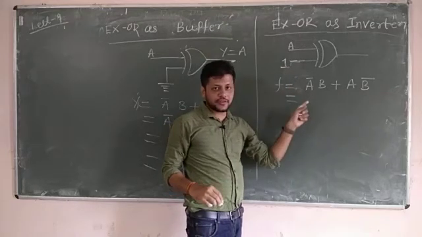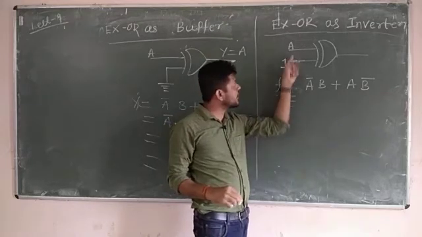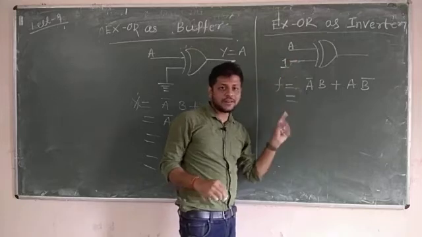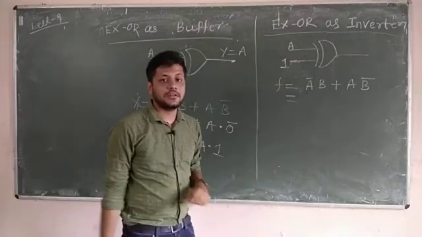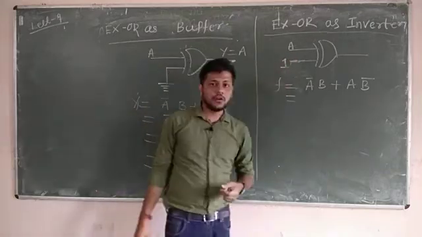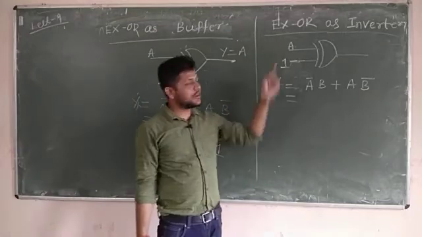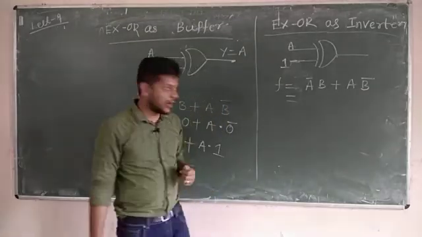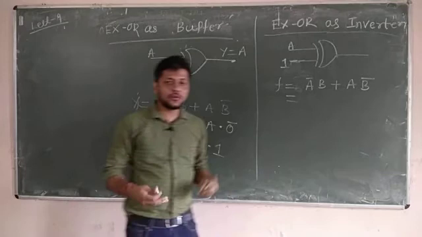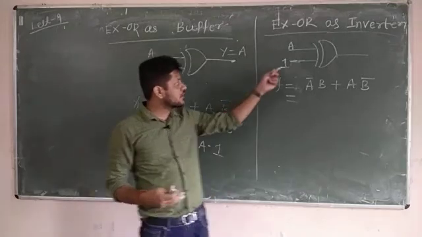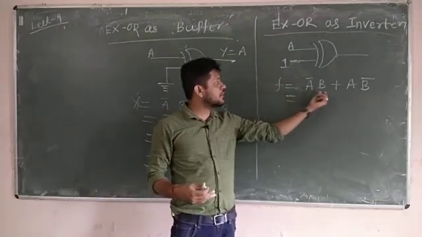This is the generalized expression, where I apply A and B as inputs, but in this particular circuit, one input is A and another input is 1. So in place of B, I put B equal to 1.